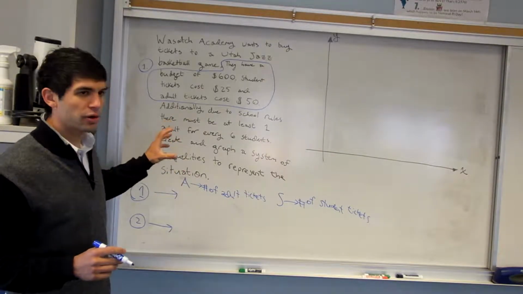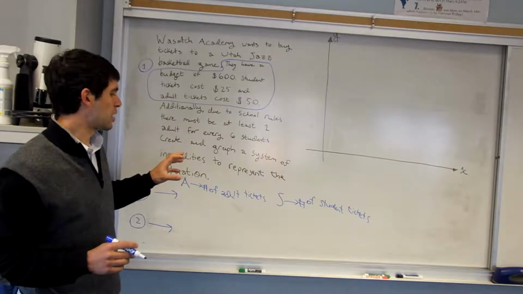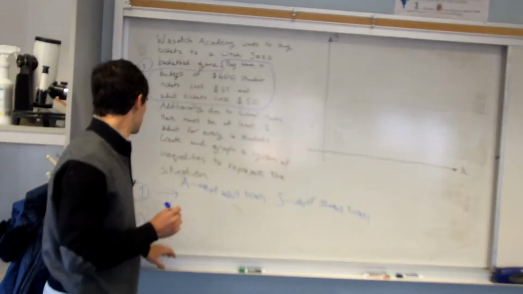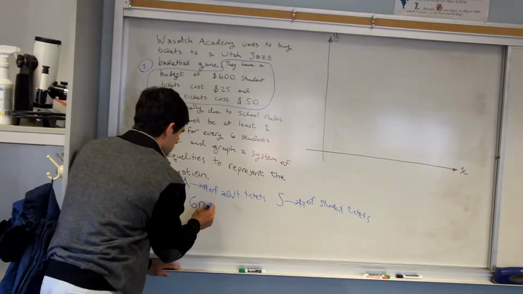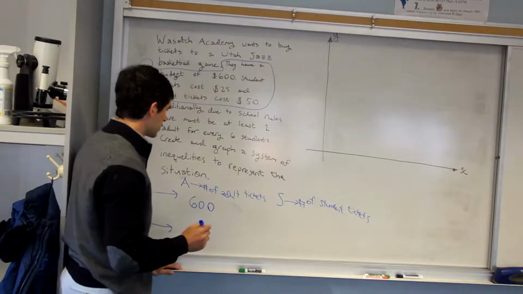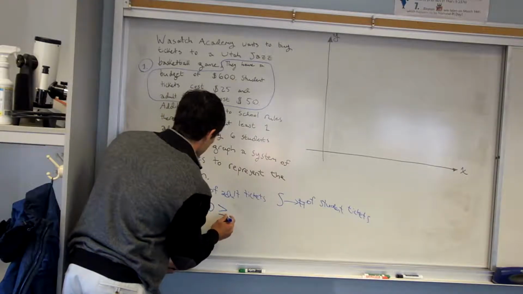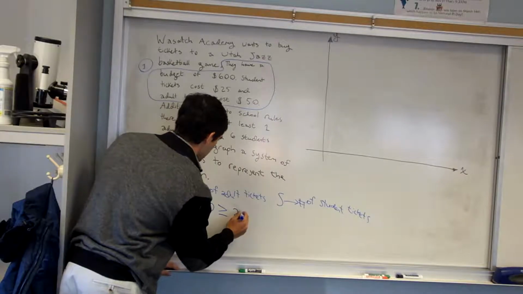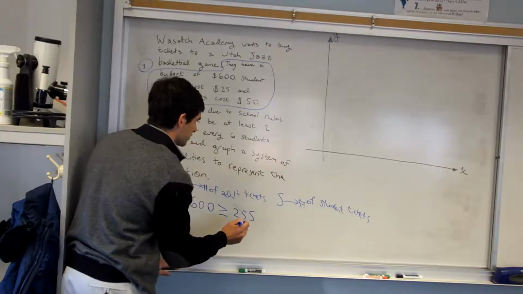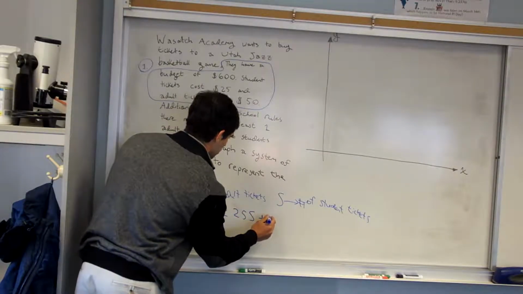So if we want to put this into an inequality, we're going to have 600, which is the total cost, is greater than or equal to 25S plus 50A.